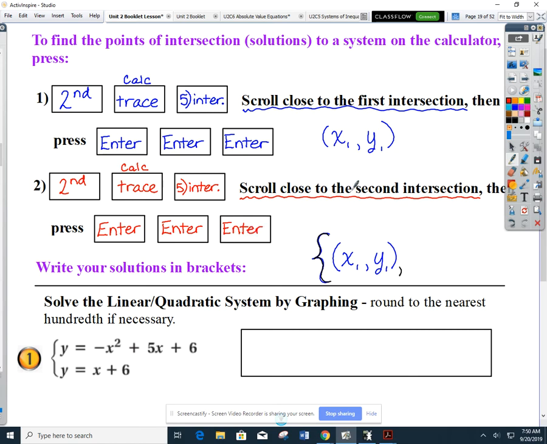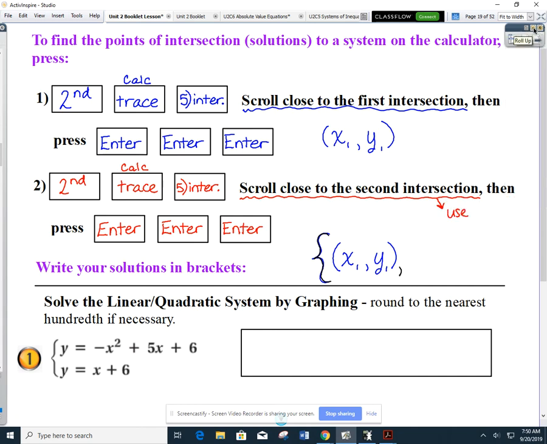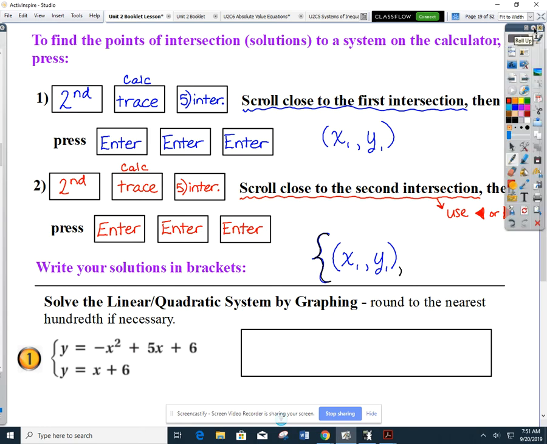And actually, when you scroll close, you're using not the up and down arrows on your calculator, but the left or right arrows. The up and down arrows just switch the cursor from one function to the next, so that won't help you.